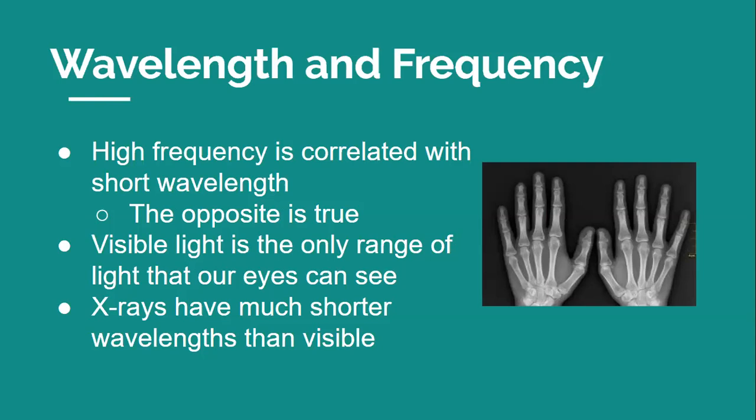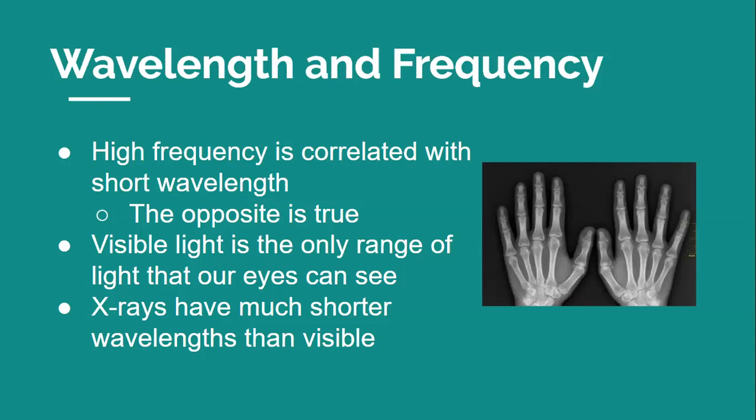Wavelength and frequency are very related. In order for a wave to have a high frequency, its wavelength has to be very short. If you want something to have a long wavelength, then its frequency needs to be very low. Make sure you understand that. Waves with the shortest wavelength also have the highest frequencies, and frequency is also related to the amount of energy it carries.